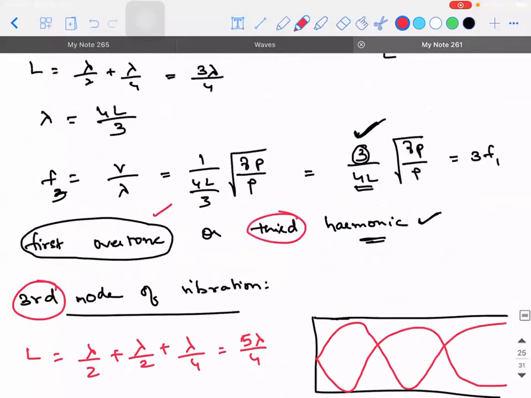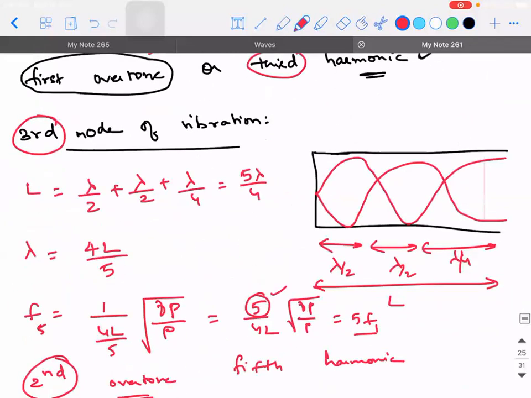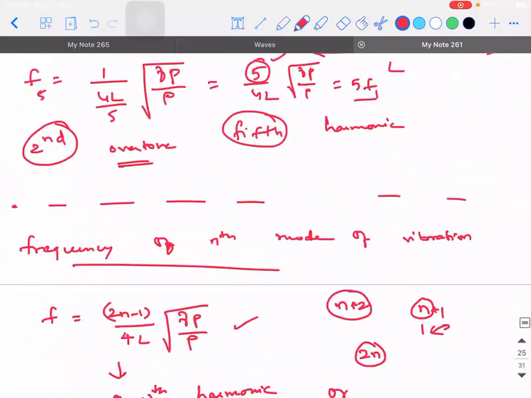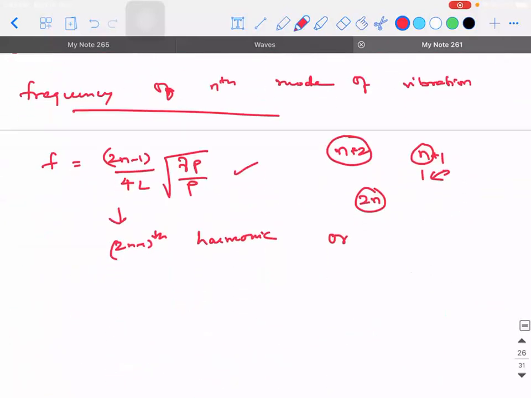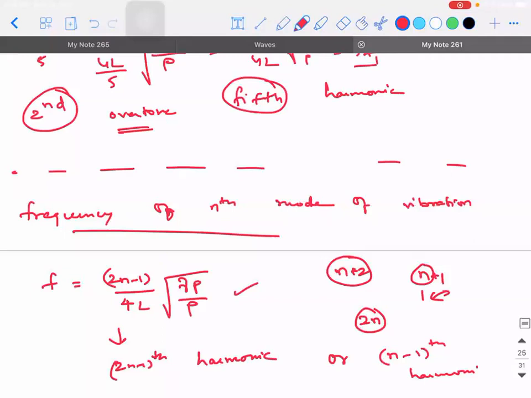So when it was third, we called it the first overtone, right? It is the 2n minus 1th harmonic, no? So it will be the n minus 1th overtone.